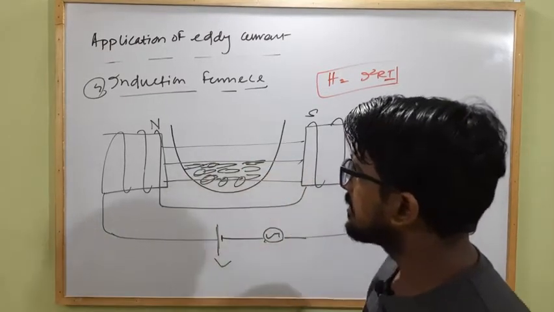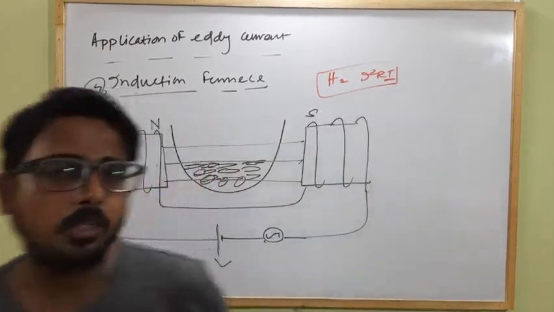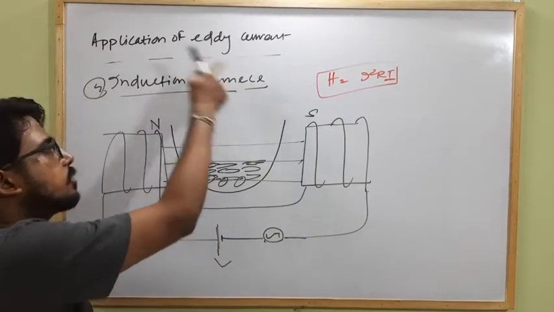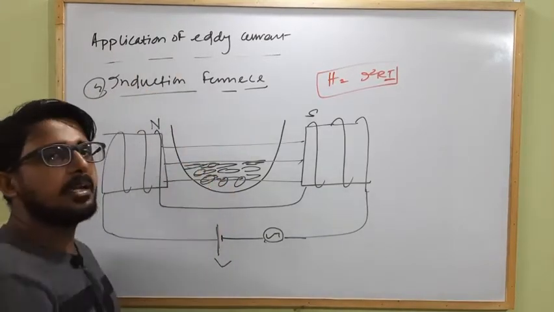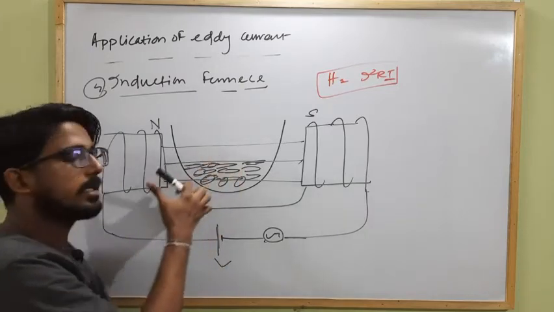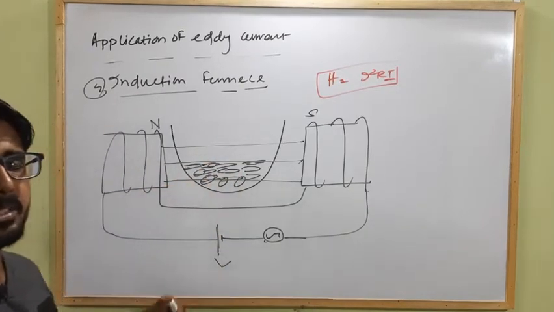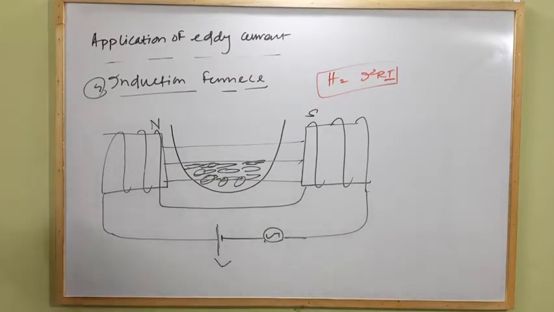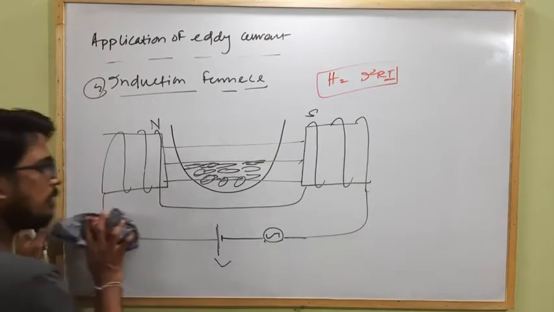And behind this, what is the cause? The cause is eddy current. That's why eddy current is also used in induction furnace to melt metals having high melting points easily. Clear? So these are some applications of eddy current in our day-to-day life.